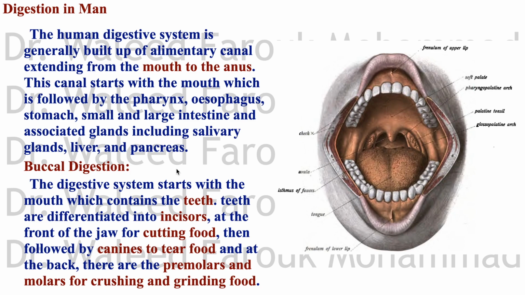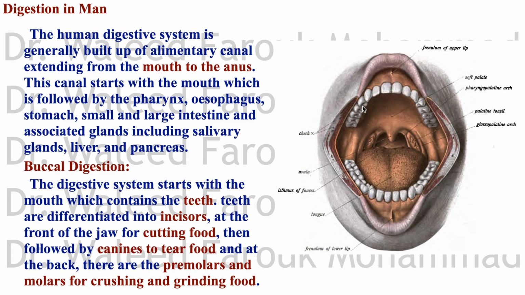Buccal digestion means digestion inside the mouth. The mouth is adapted to this function by having teeth. We have the incisors which cut solid materials, the canines which tear the food. There's a difference between cutting and tearing. Cutting معناها يقطع, tearing معناها يمزع.